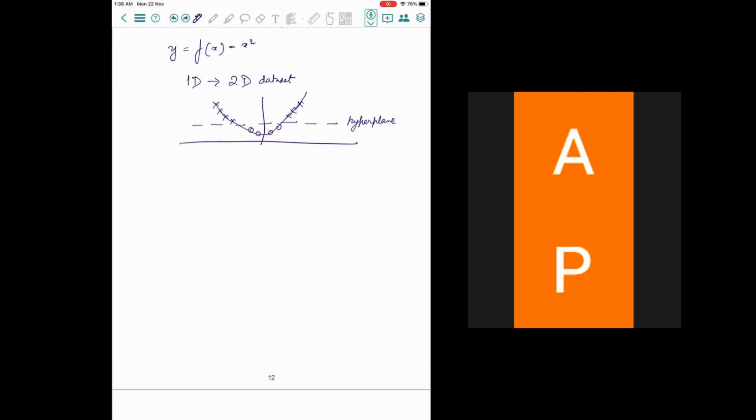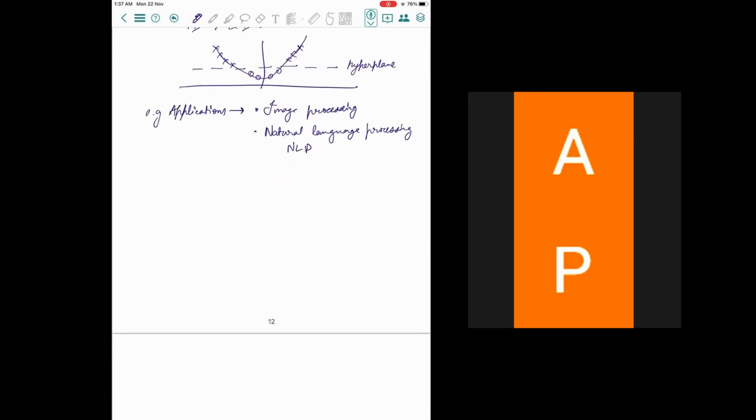Now coming to the applications, this kernel is used in image processing and natural language processing. One of the examples will be speech segmentation.